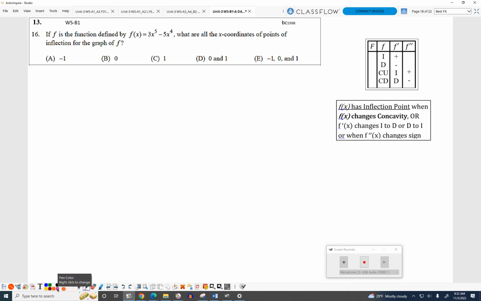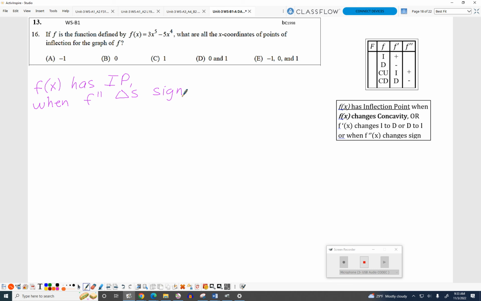F has inflection point when F double prime changes sign. So F has an inflection point when F double prime changes sign.